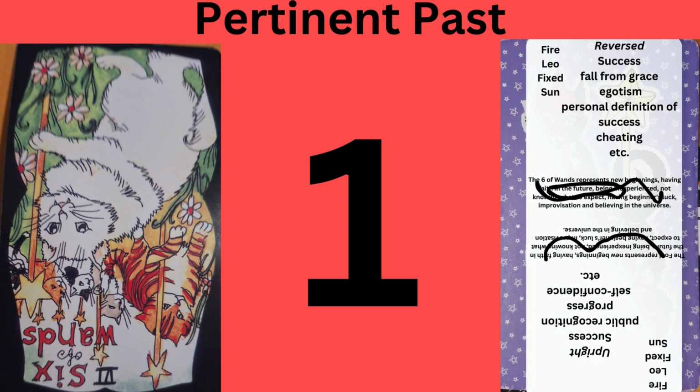So let's go to the first card, the pertinent past. The pertinent past was the 6 of Wands in the reverse. So we already know what that means. We know it's a fire sign. We know it's fixed. We know the planetary alignment. And we have our condensed definition of the card. And then we have our keywords right here.